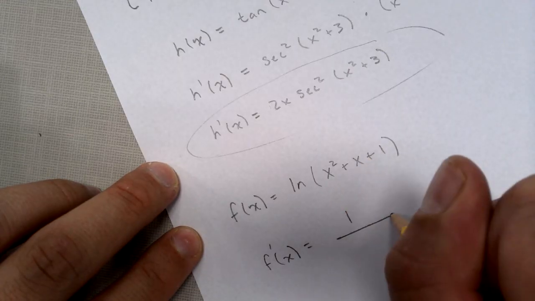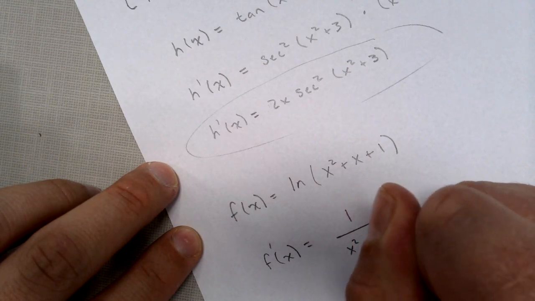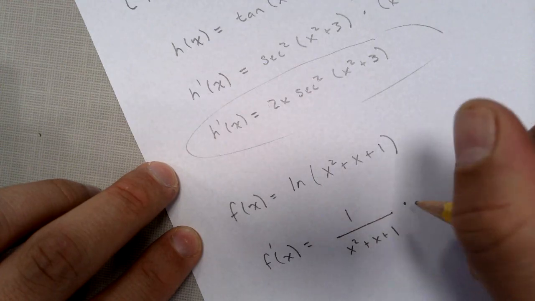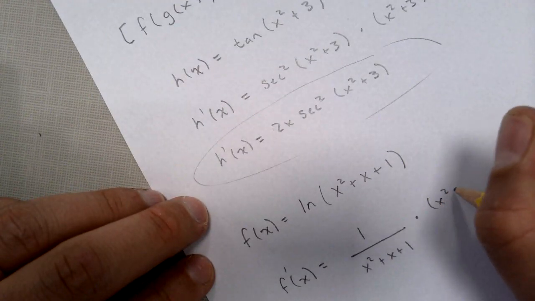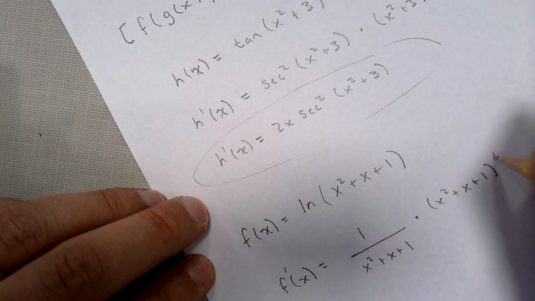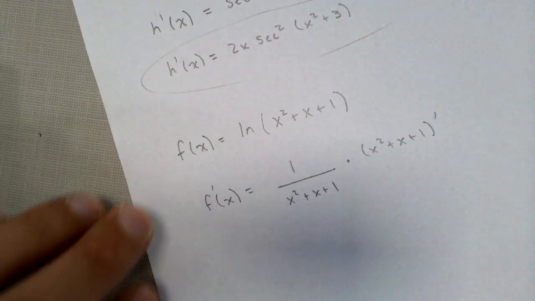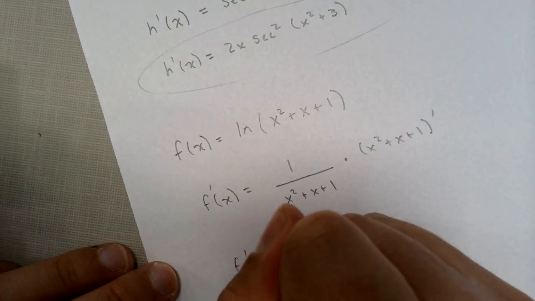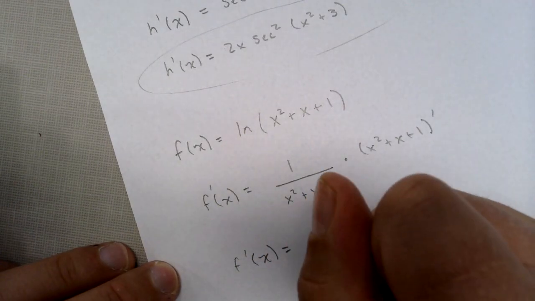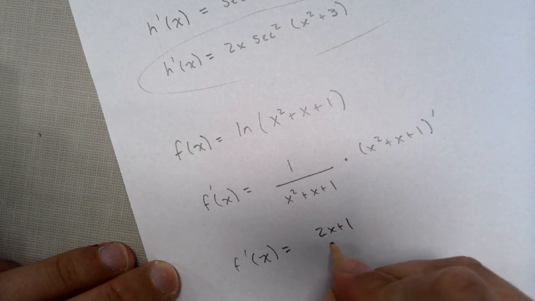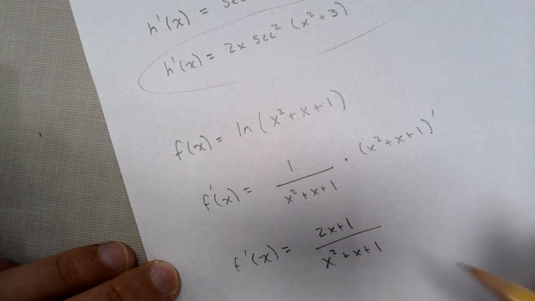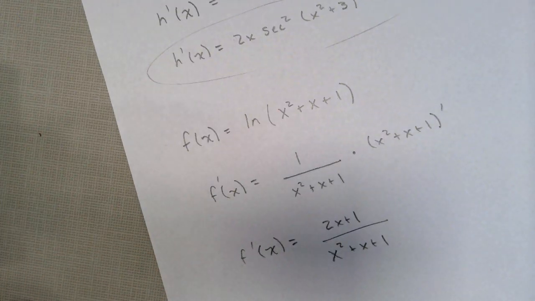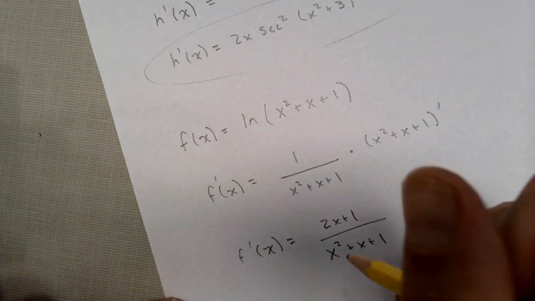So now we're going to have 1 over x squared plus x plus 1 times the derivative of x squared plus x plus 1. So f prime of x equals 2x plus 1 divided by x squared plus x plus 1. And that is that.